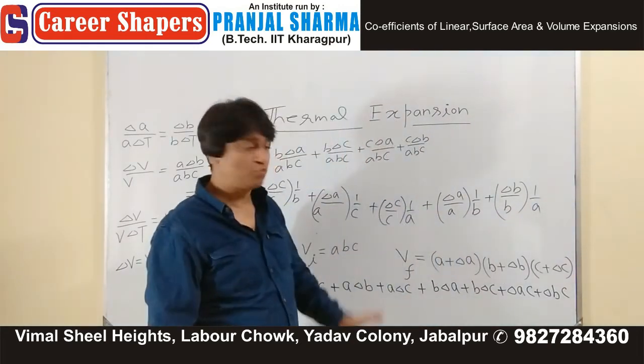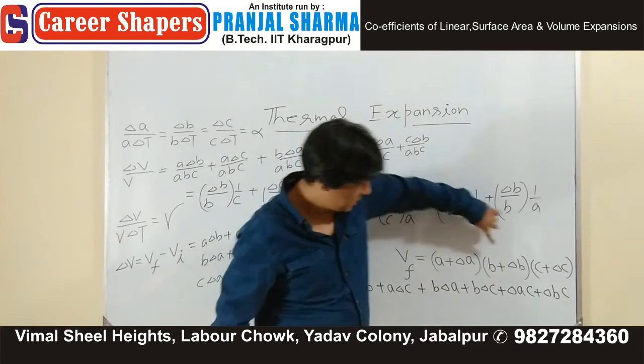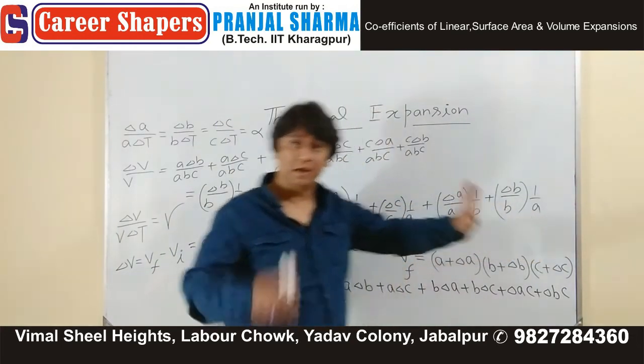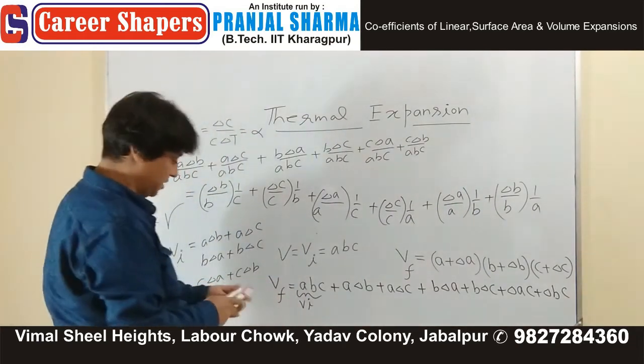But we missed what? A into delta B, and what remained with it? C. This is creating a problem.